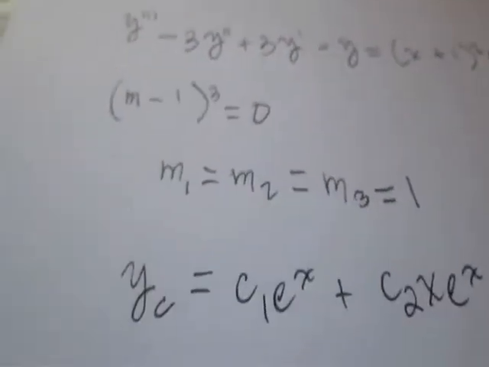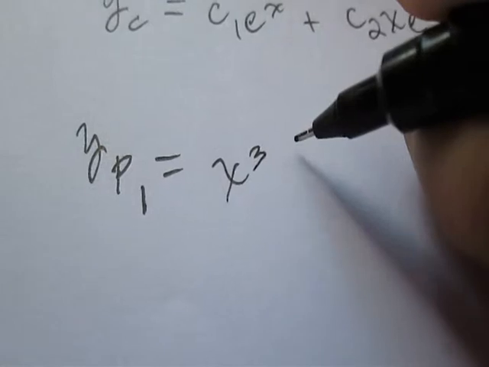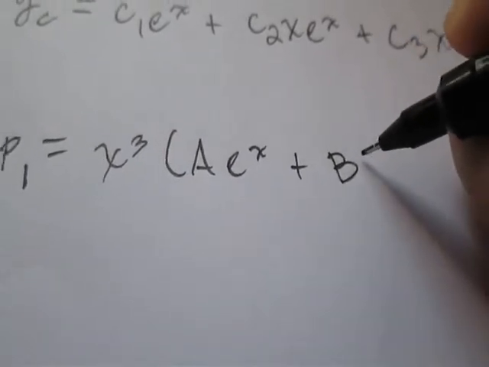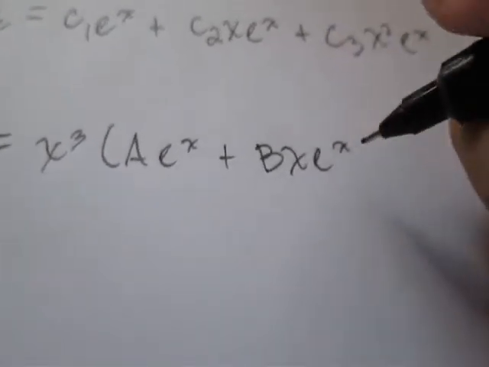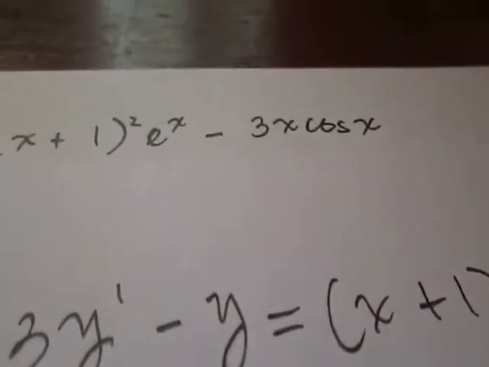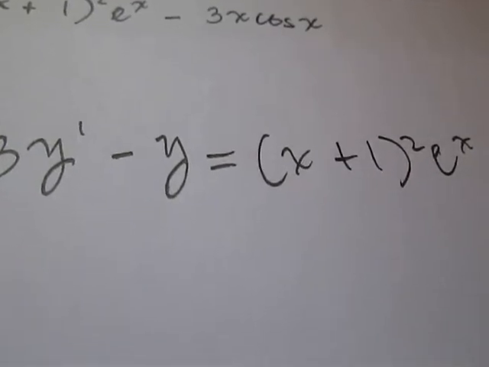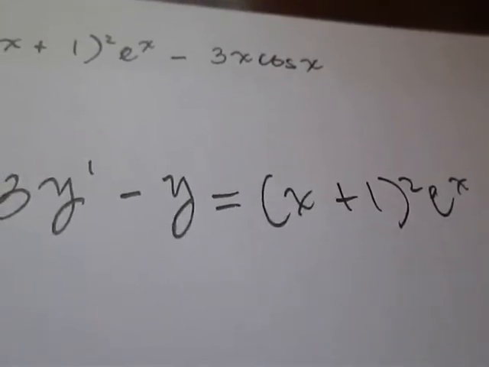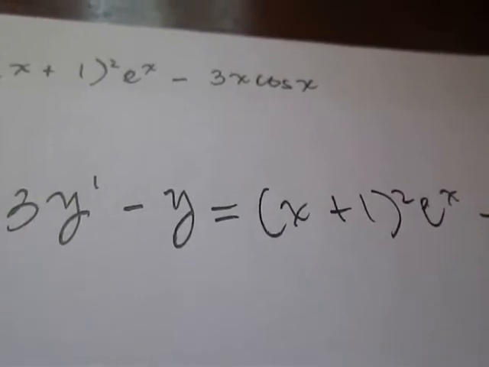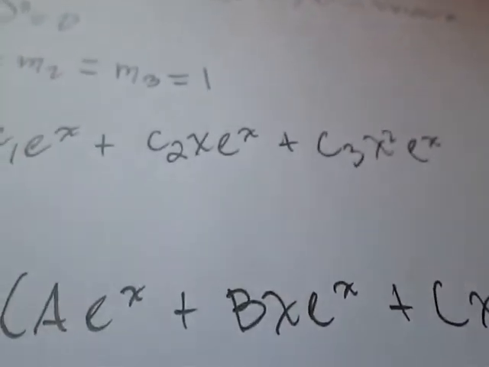So our yp1 for that term is x cubed times a e to the power of x plus b x e to the power of x plus c x squared e to the power of x, since we can write this as x squared e to the power of x plus 2x e to the power of x plus e to the power of x. So a, b, and c are constants.